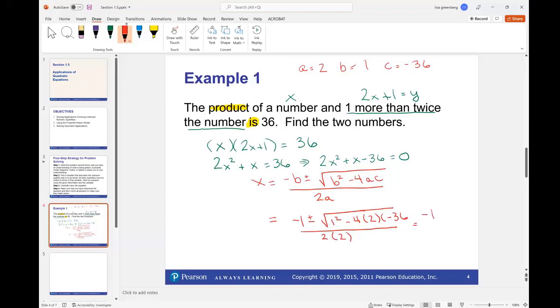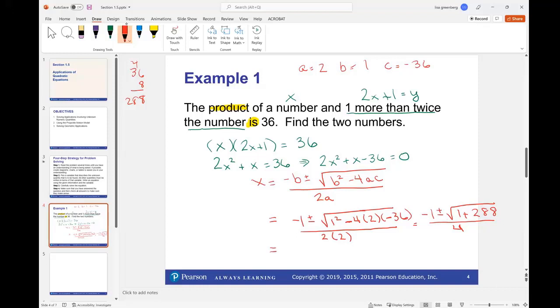So that gives me negative 1 plus or minus the square root of 1 plus, I know it's plus because I have a negative here and I have a negative here. And then I have 36 times 8, so that becomes 288, divided by 4.